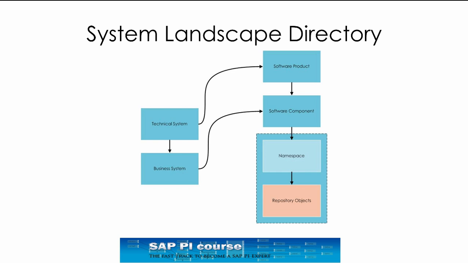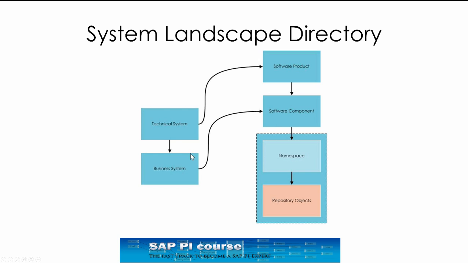In the system landscape directory, you are creating a technical system. If it was the warehouse, we would create a technical system called warehouse. And then we would create business systems: warehouse development, warehouse QA, and warehouse production. The technical system gets assigned a software product, and the business system gets a software component defined.